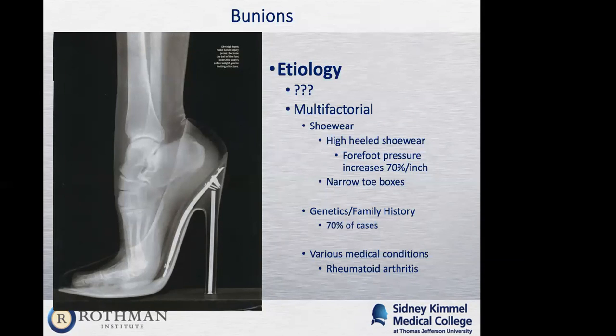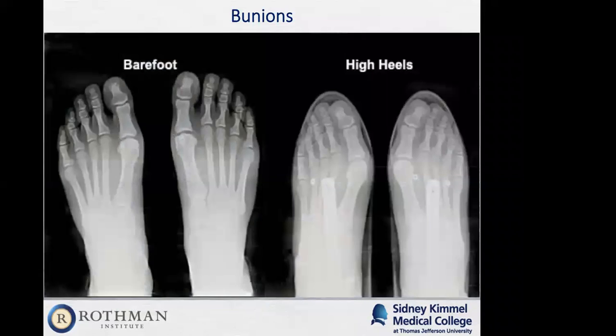Inflammatory arthritis such as rheumatoid arthritis can certainly predispose someone to developing a bunion, and other, less common disorders that render patients with ligamentous laxity, where their ligaments are generally very loose, can also lead to the development of bunions.